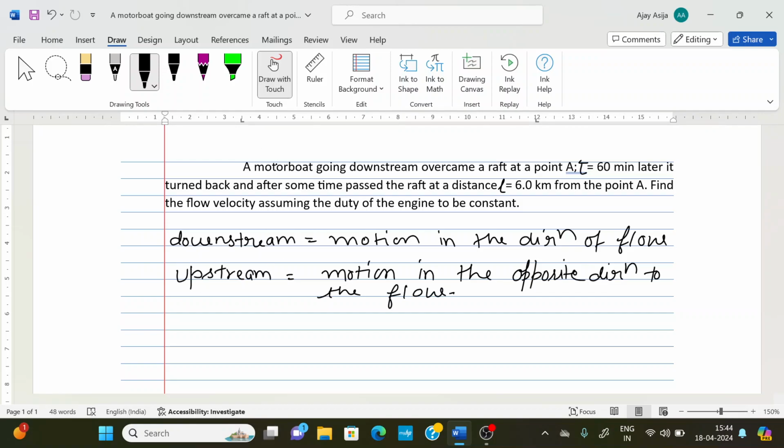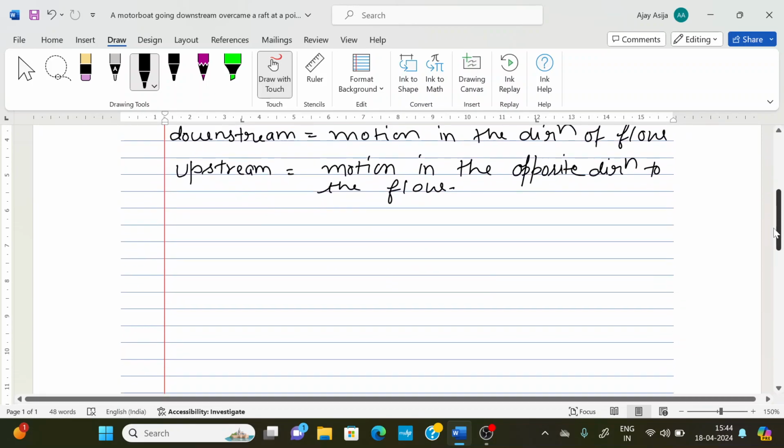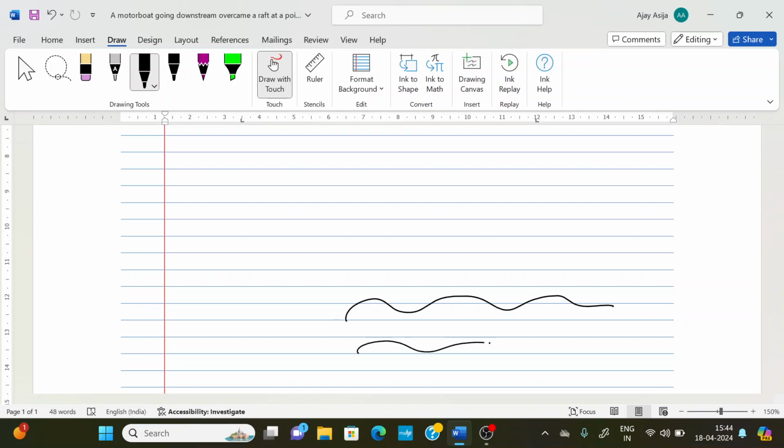Now let us first understand the motion of any object in water. For this, consider this is water flowing in this direction with the velocity Vs, which is called velocity of flow or velocity of stream.